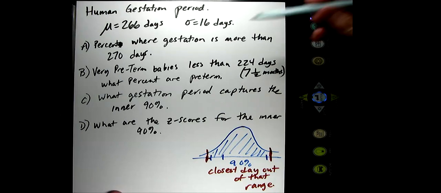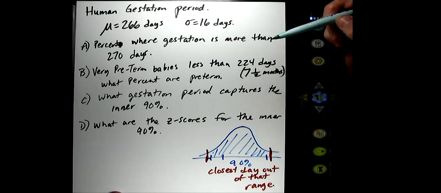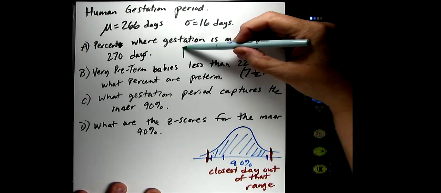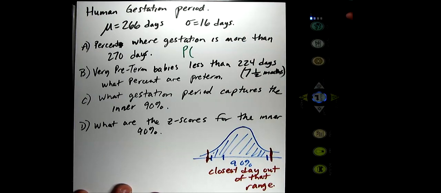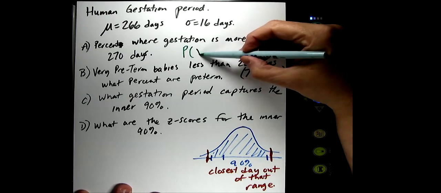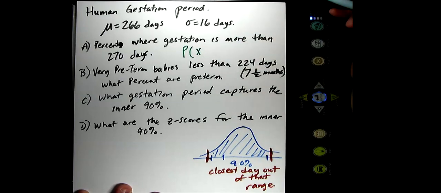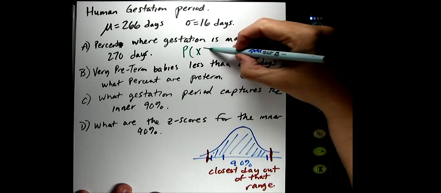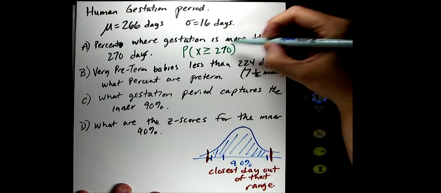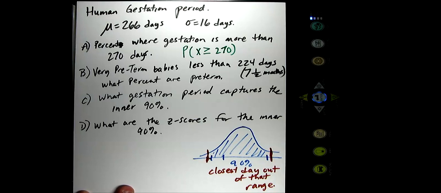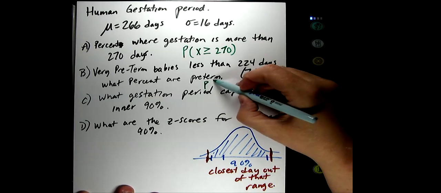If I want more than 270 days, what am I actually looking for here? What's the probability thing? What does more than mean? Greater than. Does the alligator open towards the X or away from the X on greater than? Towards the X. On B, we're looking for less than, so it opens the other way.